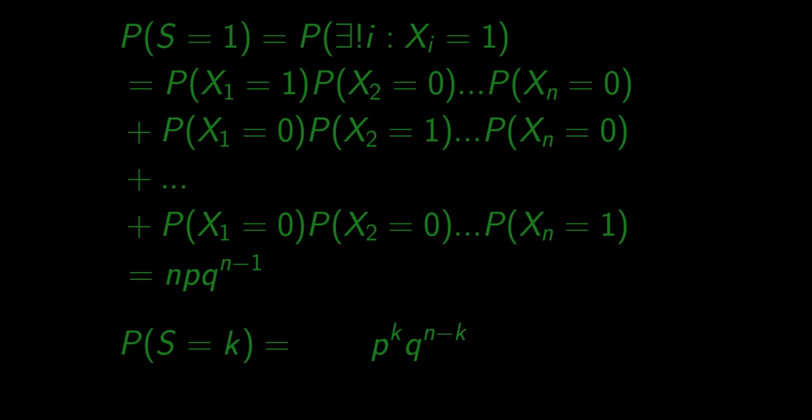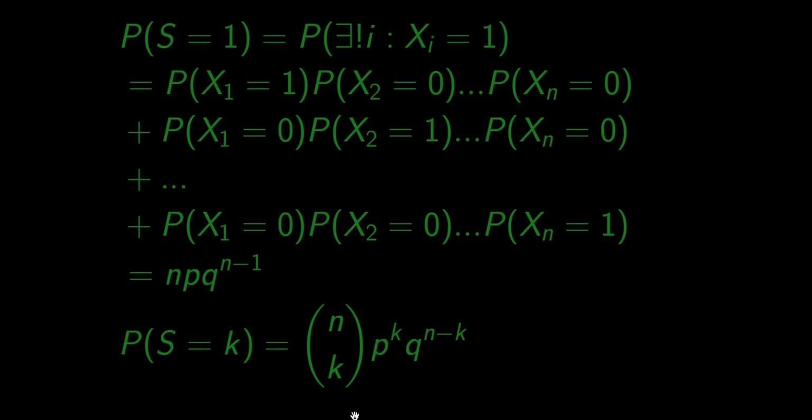We call this number n choose k and denote it like this. We have now the general formula for the probability of binomial random variable being equal to k. Note that if we choose k to be equal to 0 or 1, we agree with the formulas that we derived before.